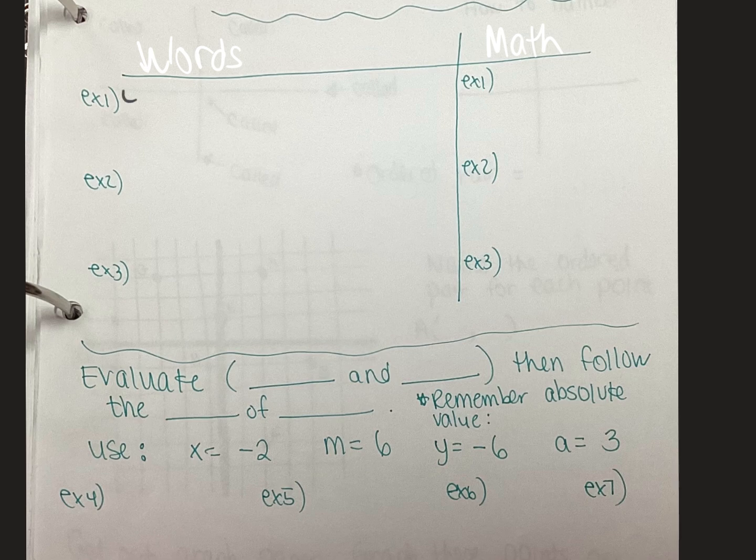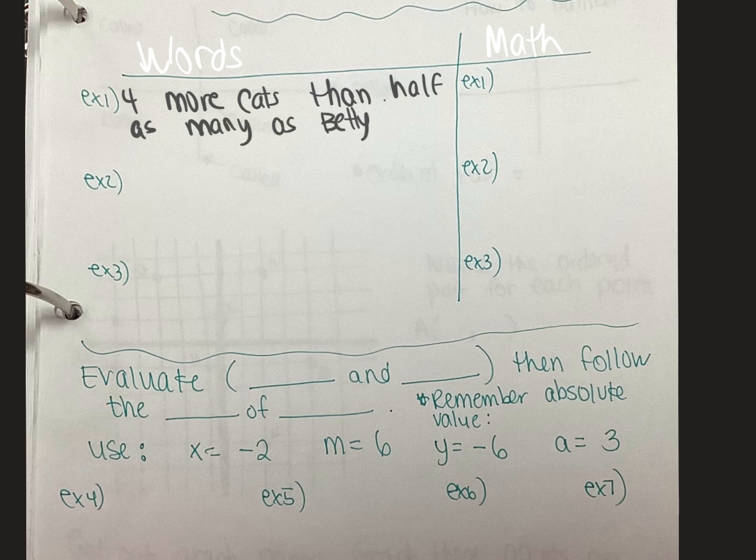Okay, so you're going to write down 4 more cats than half as many as Betty has. So we've got 2 key words in this.